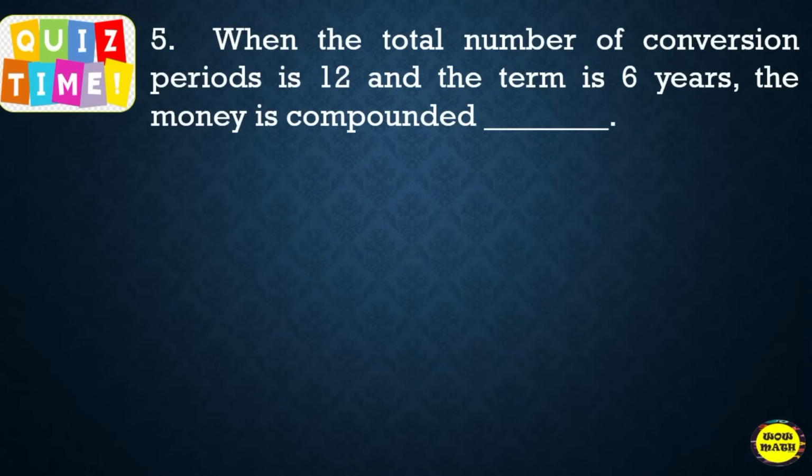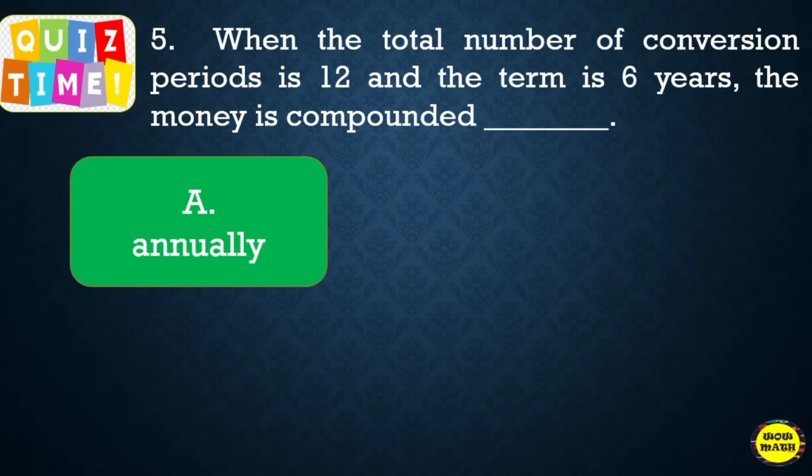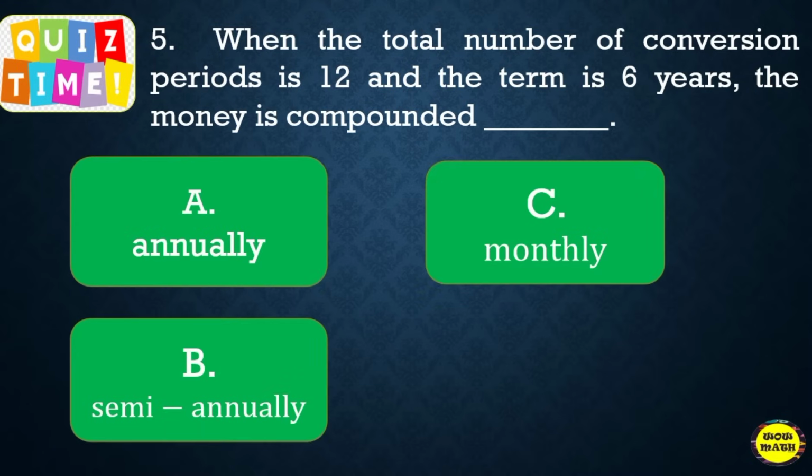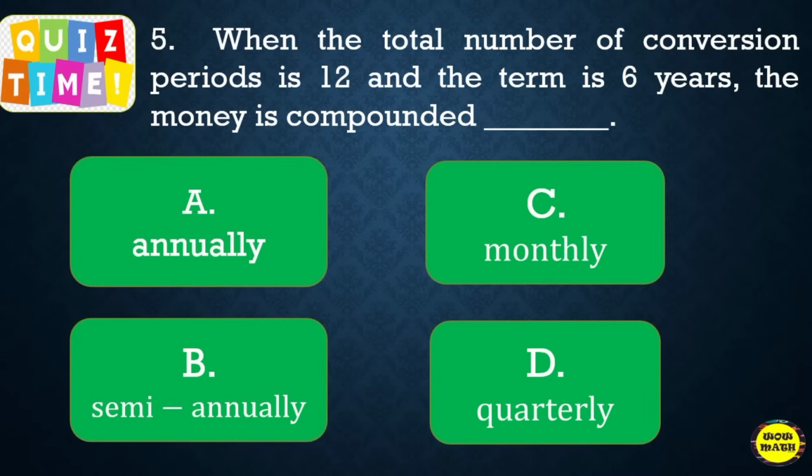Last, when the total number of conversion periods is 12 and the term is 6 years, the money is compounded blank. A, annually, B, semi-annually, C, monthly, D, quarterly. Alright, so the answer is letter B.